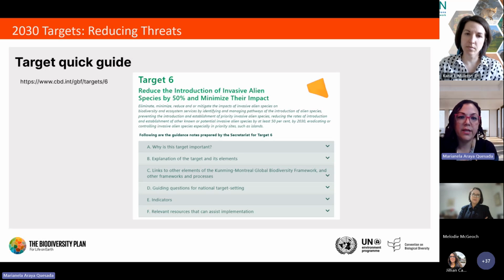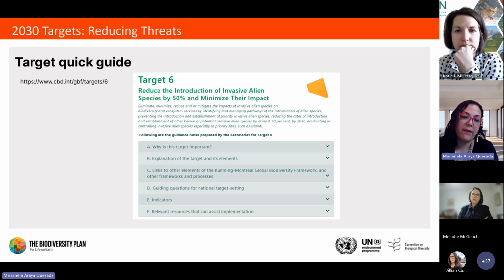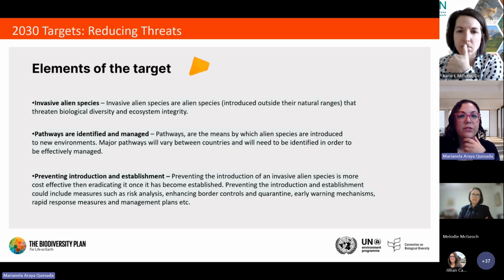You have information on the indicators, guiding questions, and so on. So I just invite you to have a look at the quick guides, which could be very helpful in understanding the targets. But for today, I just want to go briefly through some of the elements of the target.